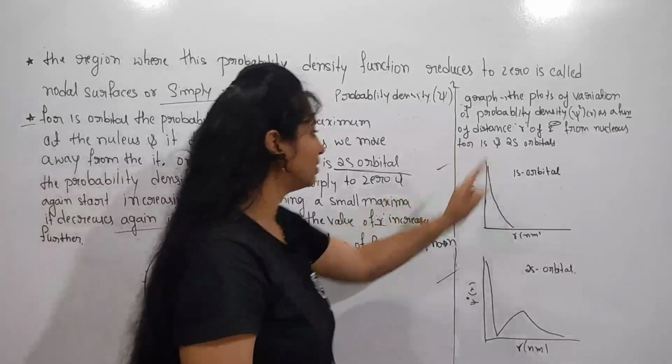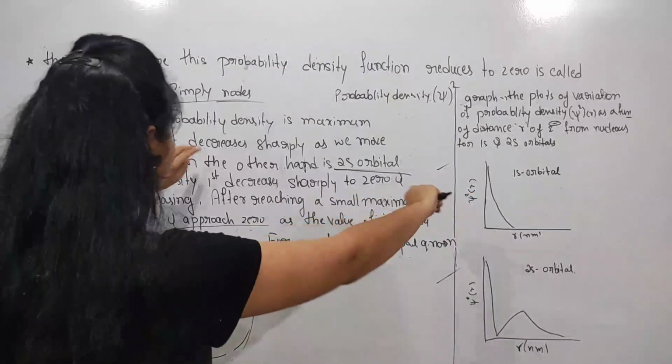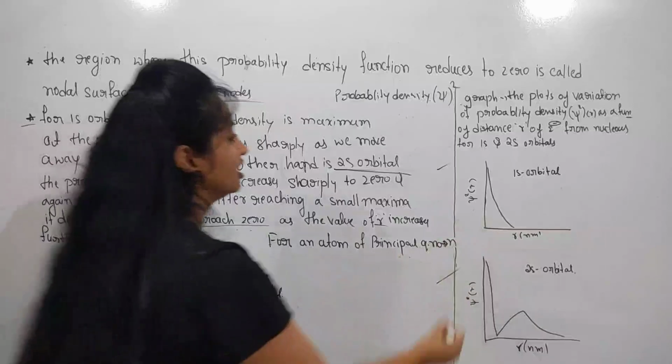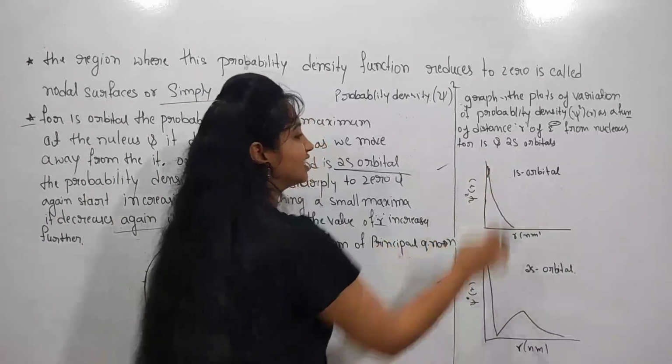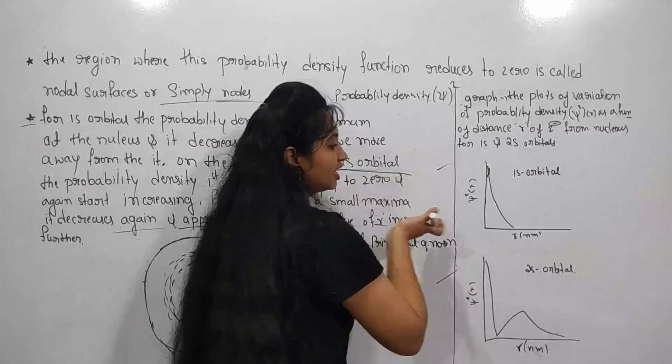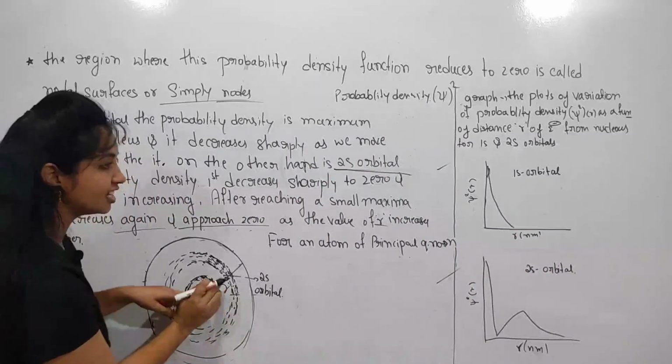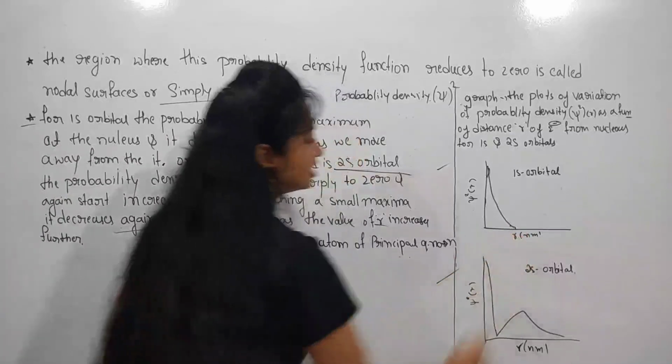In a 1s orbital, the probability density is maximum. As we go away from the nucleus, meaning r increases, it becomes 0.